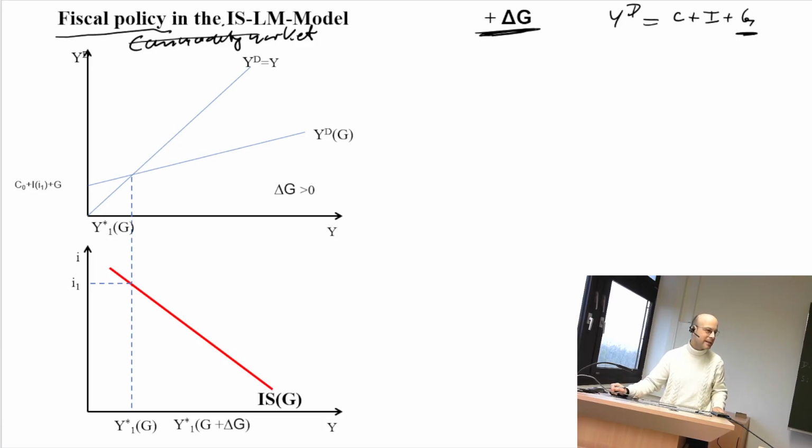And now in our curves, what happens to our curves in the diagram? It's just the same as we already talked about in the pure commodity market. So here, only at this point enters a change of government expenditure.